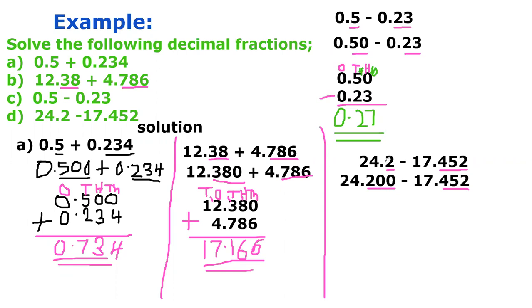So you start writing. So we have 24.200, then 17.452.